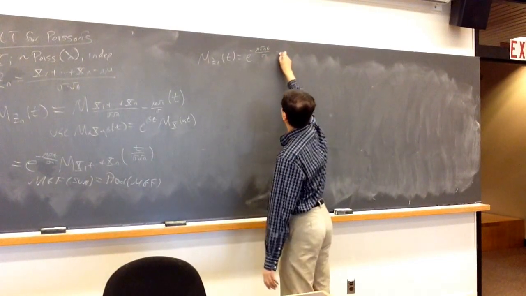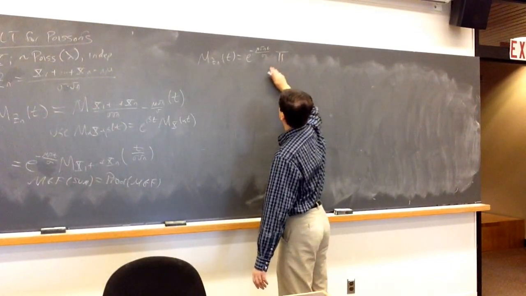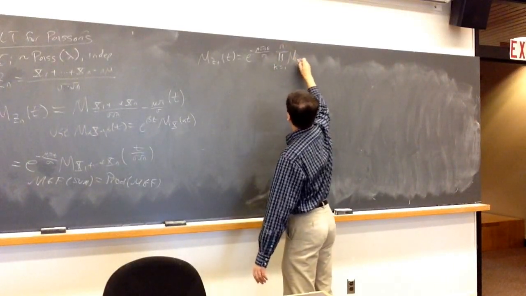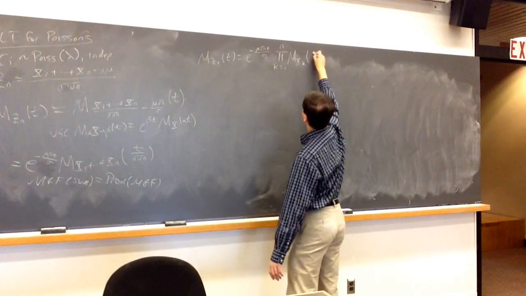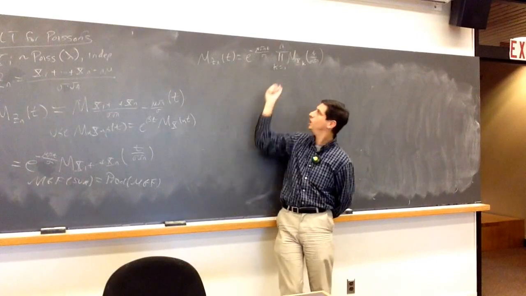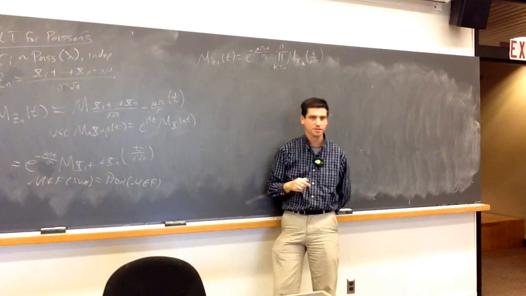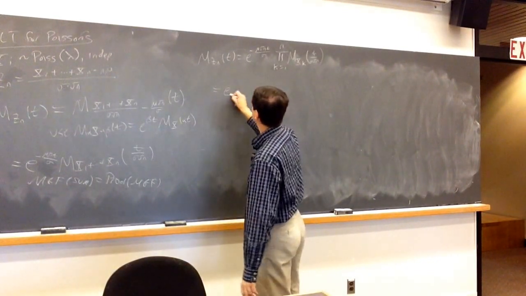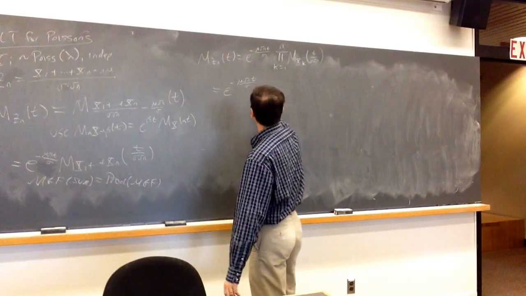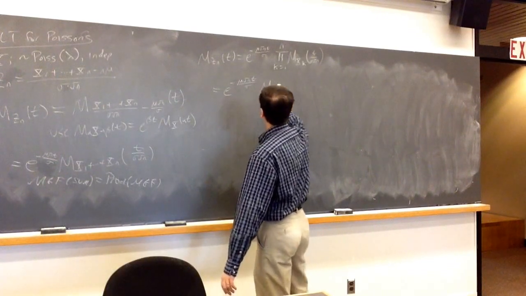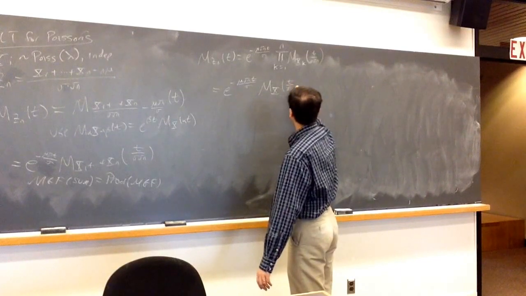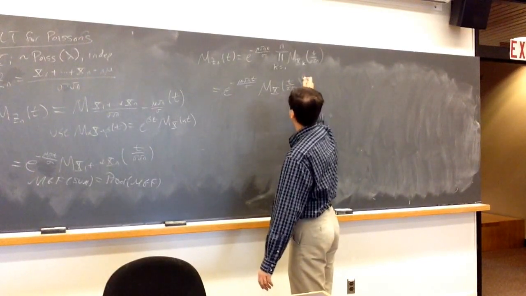Now we have the product, k goes from 1 to n, of the moment generating function of Xk evaluated at t over sigma root n. But all of these are the same. So this becomes e to the negative mu square root of n t over sigma, and then just the moment generating function of X, of t over sigma root n, to the nth power.